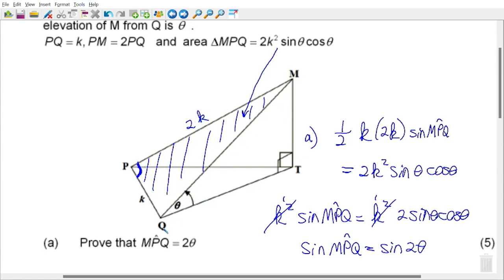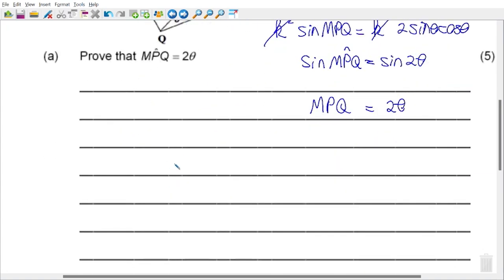So MQ squared is actually going to be k squared plus 2k squared minus k times 2k times the cos of MPQ.